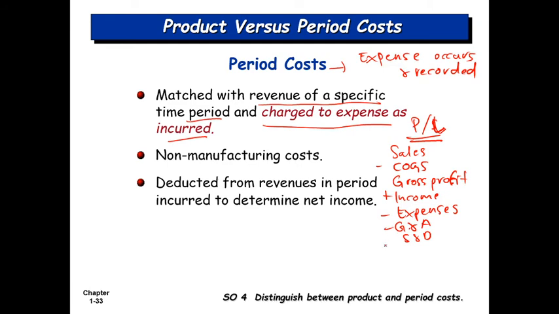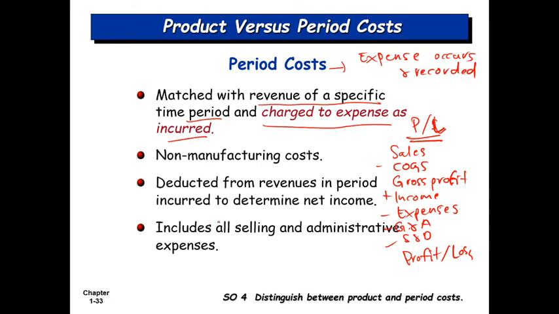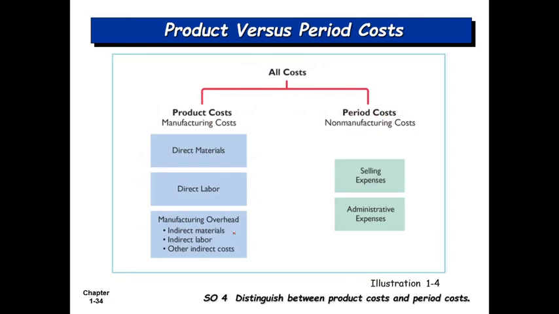From here, when we deduct the expenses from revenue, then lastly we get either profit or loss. Include all selling and administrative expenses.